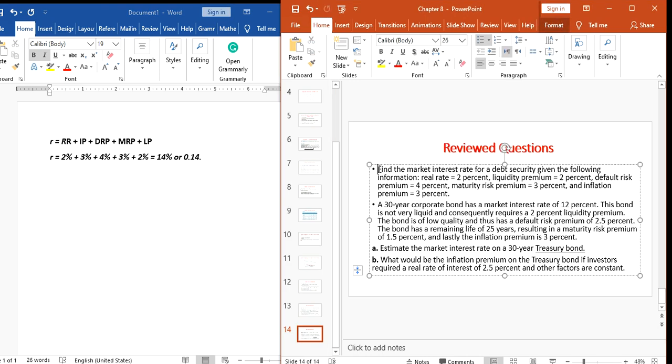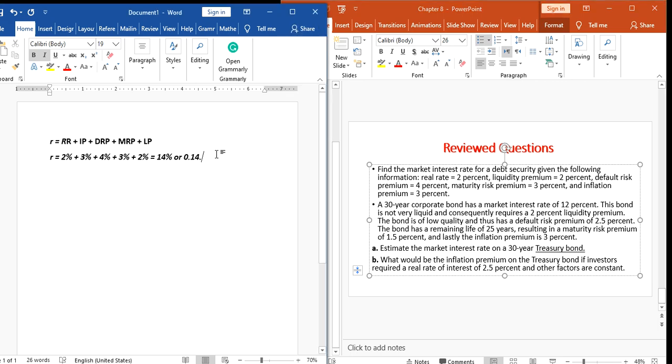Very, very straightforward. Okay, what about the second one? A 30-year corporate bond has a market interest rate of 12%. So in this question, R is given.